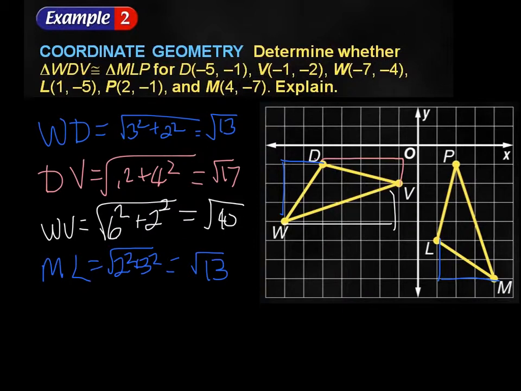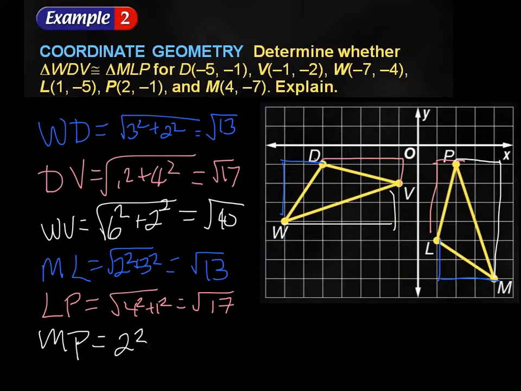For LP, I can count 4 and 1. Doesn't matter which one's first. And then finally for MP, I can count 2 and 6.